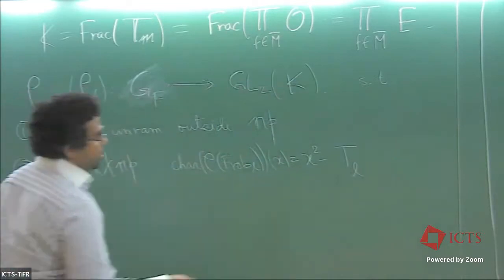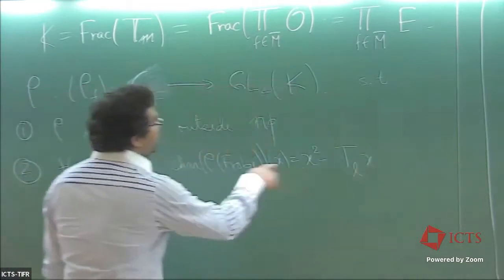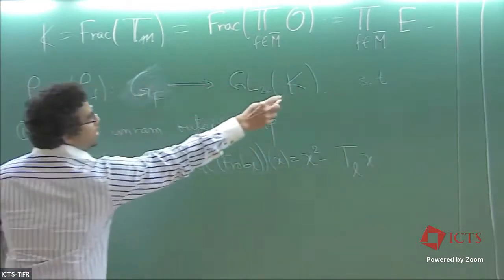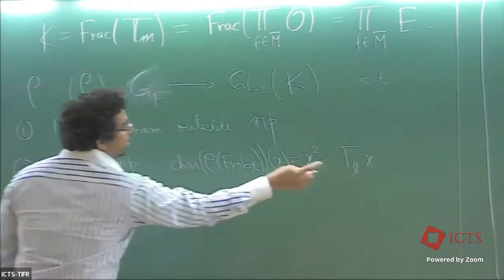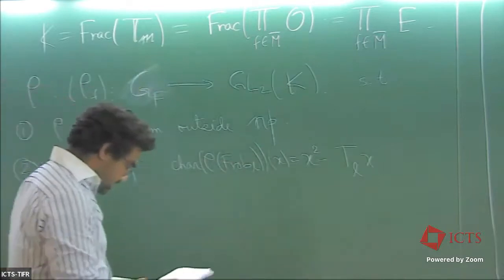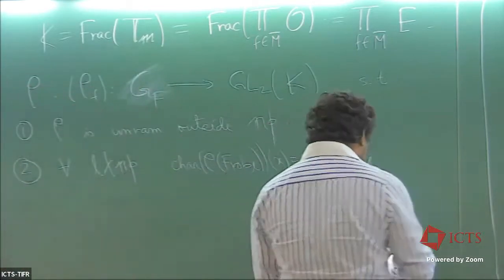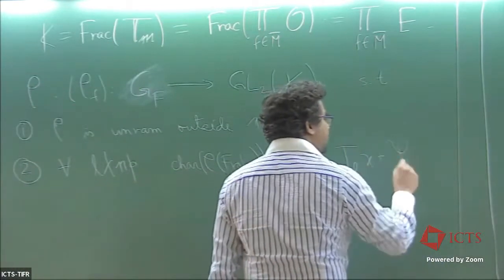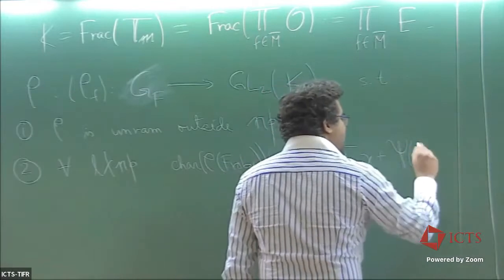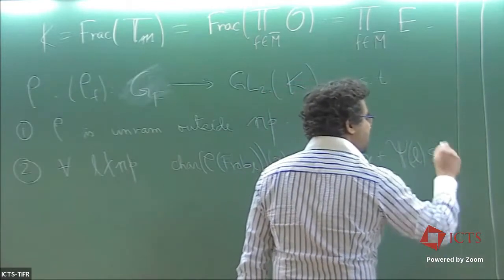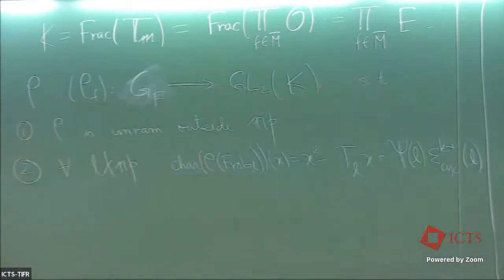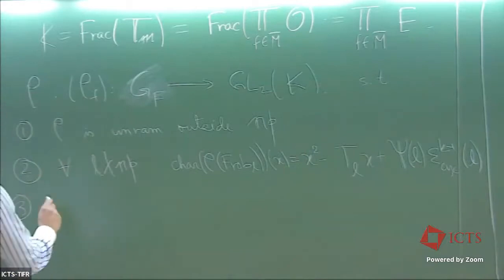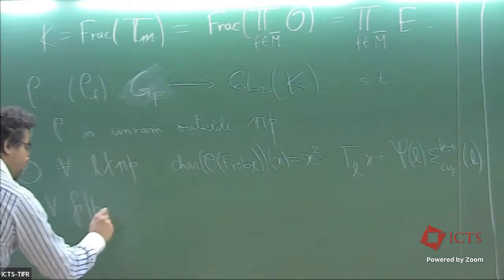I can talk about this now because the values are in K, which is the total ring of fractions of this. So I can take the image of T_L inside this, and I just denote it by T_L again, and then psi(L) epsilon cyclotomic to the K minus 1 of L. Right? So this is just putting all the things together.